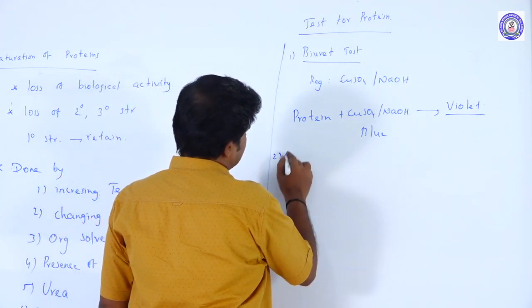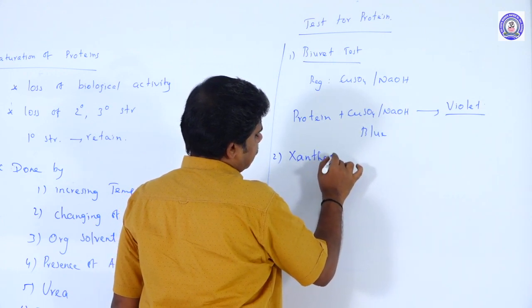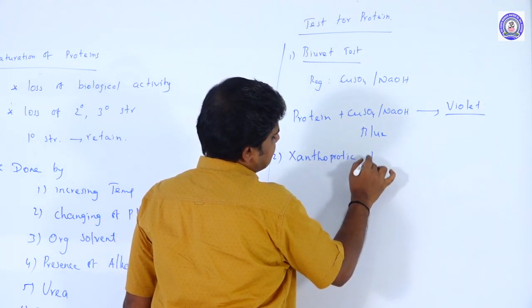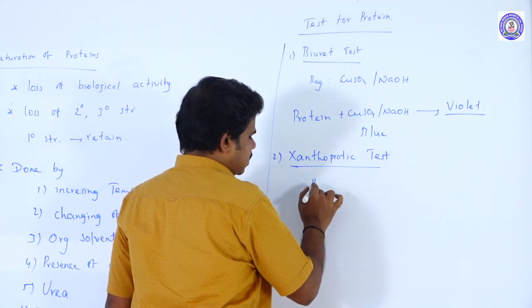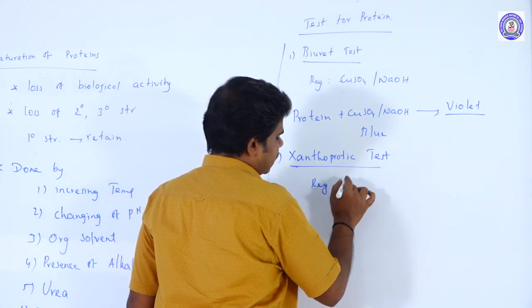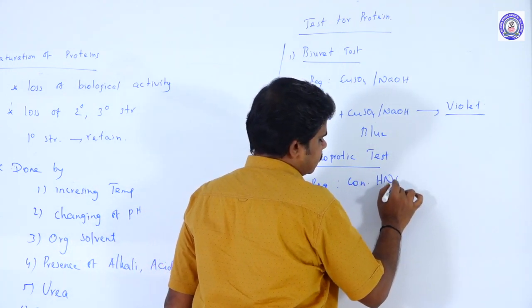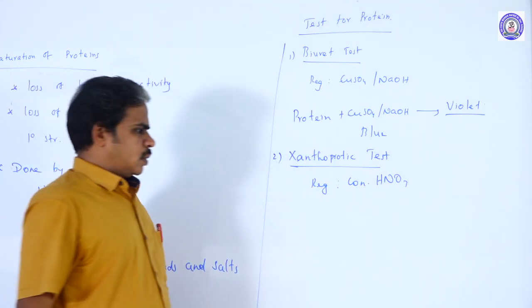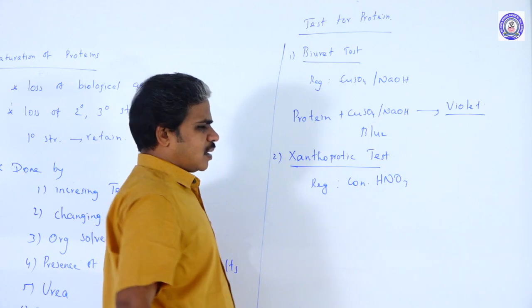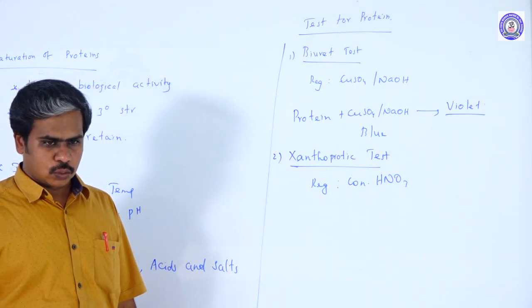Then the second one is the xanthoproteic test. The reagent is concentrated nitric acid. Now, protein with concentrated nitric acid changes color to orange or yellow.